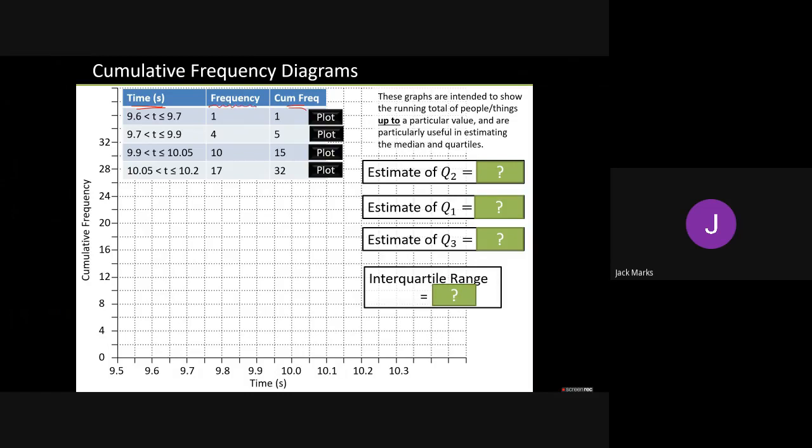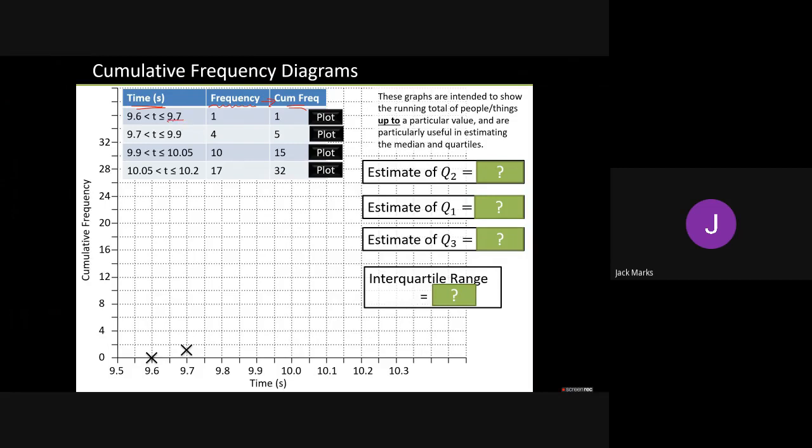Frequency is less useful. This is more used for calculating cumulative frequency. If I want to plot it, notice that 9.6 is the first point of interest. There's no frequency there, but this is the first number that I start talking about. And 9.7 I've plotted at 1.